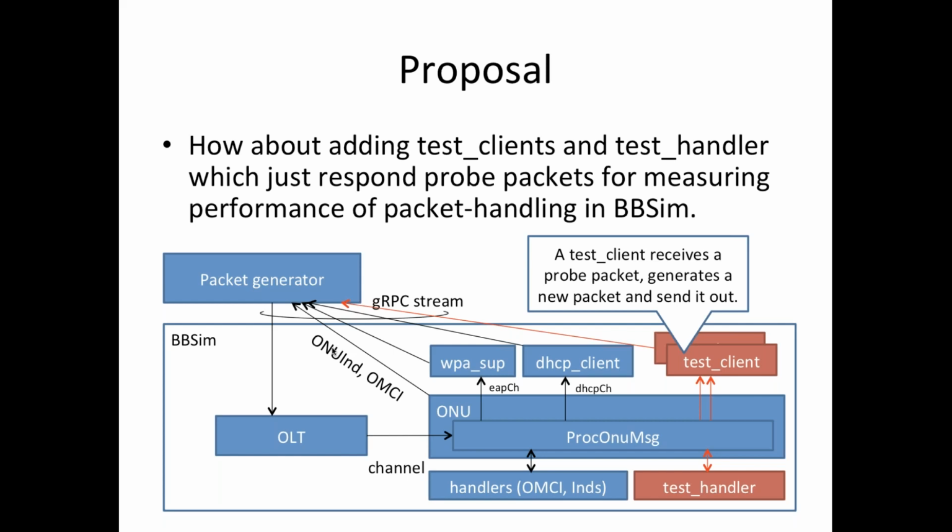In the current BBSim, ONU instances can create and send out messages by themselves via gRPC stream to the voter, right? So if there are some clients and handlers that just create probe messages and probe packets to send out to the voter, we can evaluate the performance of packet handling in BBSim.